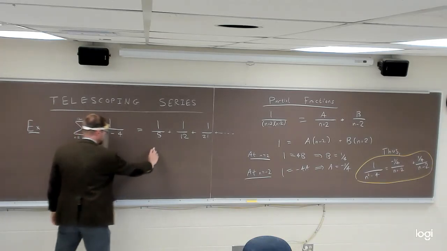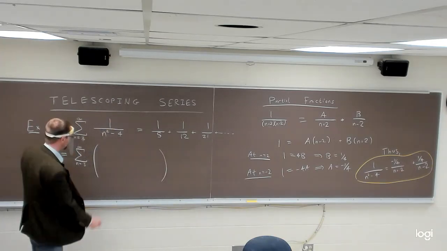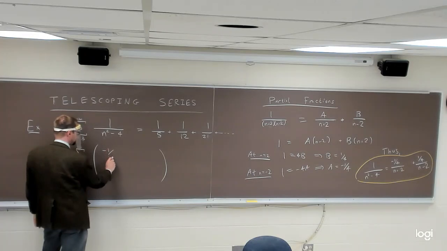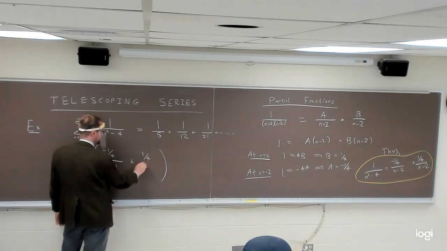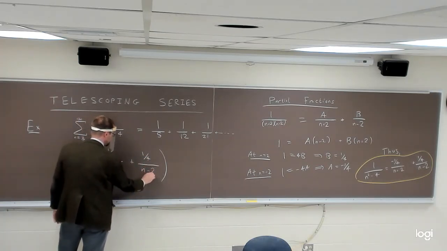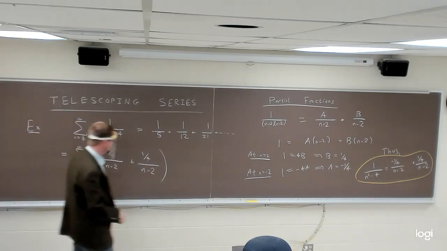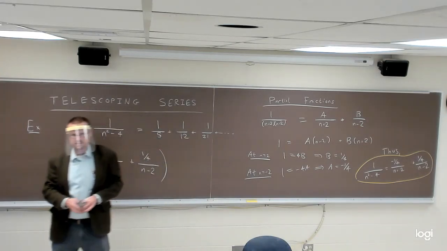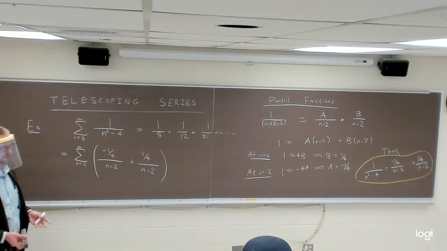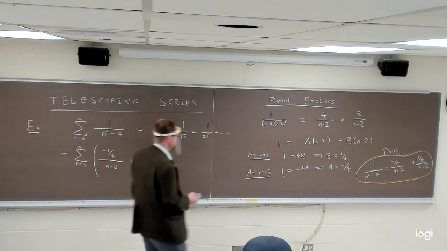I'll put it inside parentheses. So negative a fourth over n plus 2 plus a fourth over n minus 2. Now, it may not be obvious at this point that the series is even telescoping. I've just rewritten it in a different way.